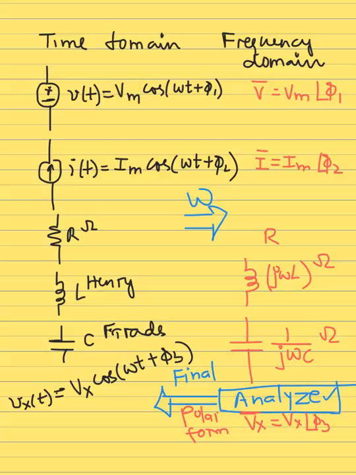So we have one more thing in terms of AC circuits still. That's when we combine resistance, inductance, or capacitance, either in series or parallel, which is defined as impedance or admittance. So maybe a few more minutes and then we're ready to analyze AC circuits.